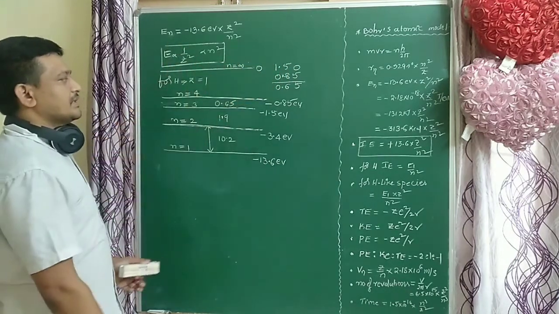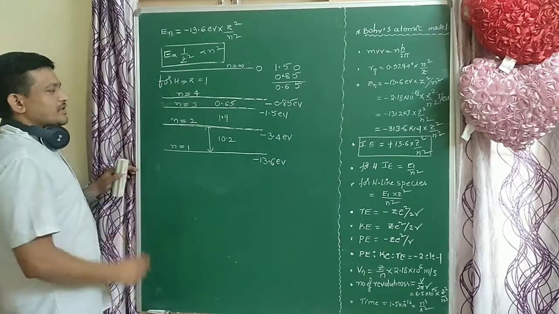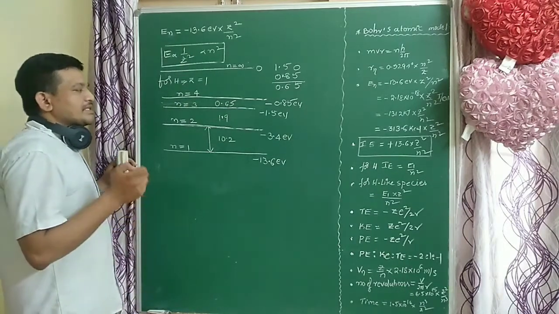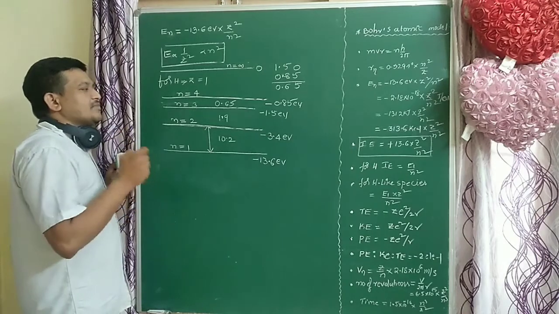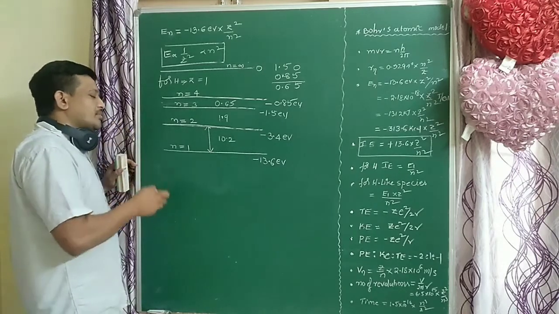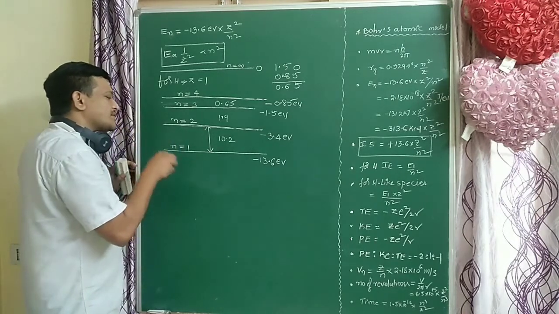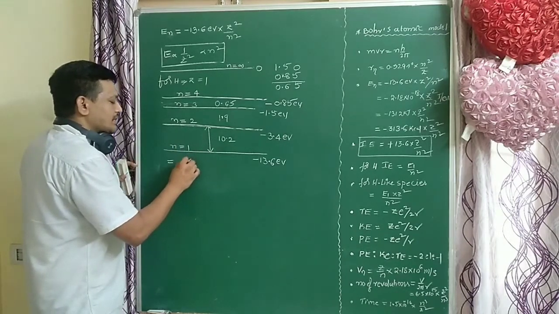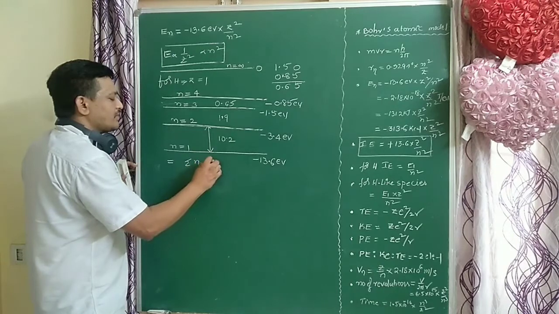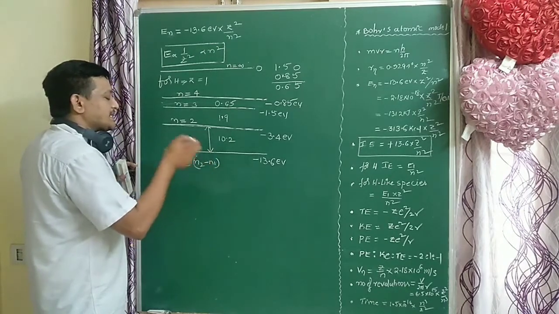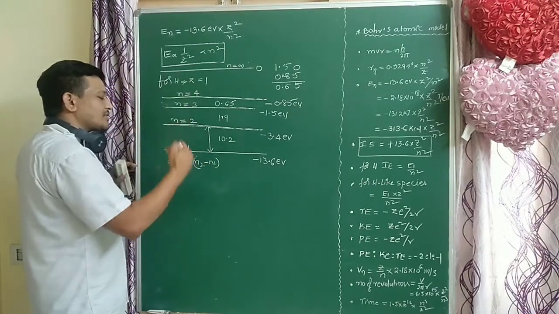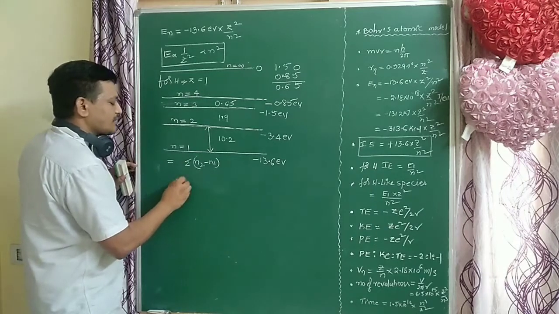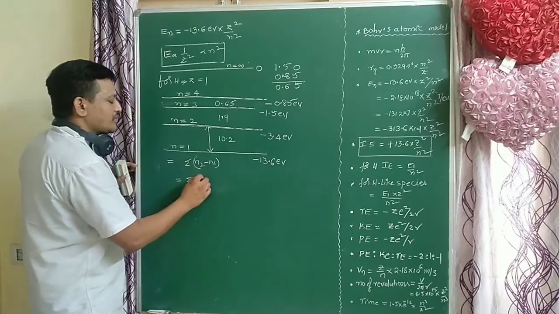For example, if the electron is present in the second excited state, that means the third orbit, how many spectral lines are formed? What is the formula for spectral lines? Sigma n2 minus n1. The second excited state comes to the ground state. Second excited state means n2 equals 3.